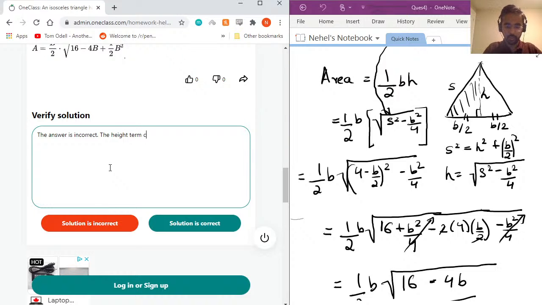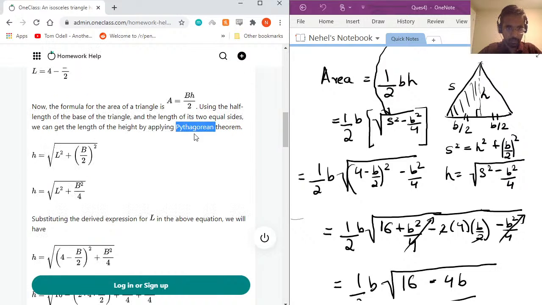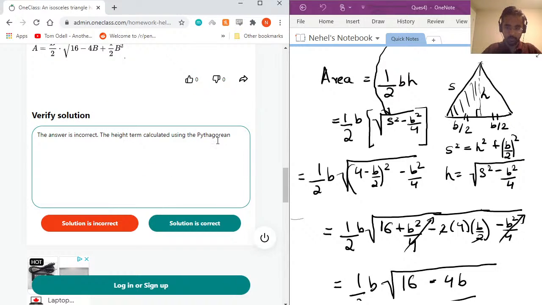The height term calculated using the Pythagoras theorem should have been square root L squared minus b over 2 squared instead of plus.